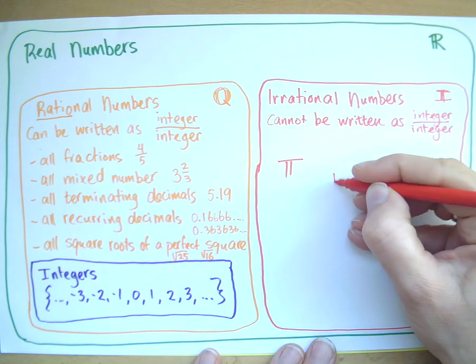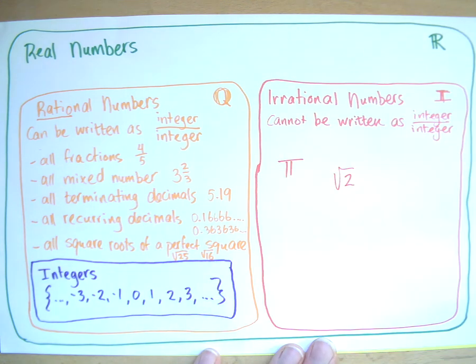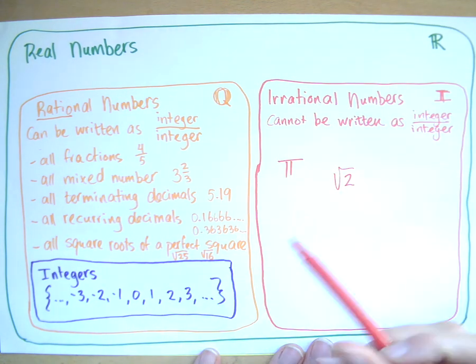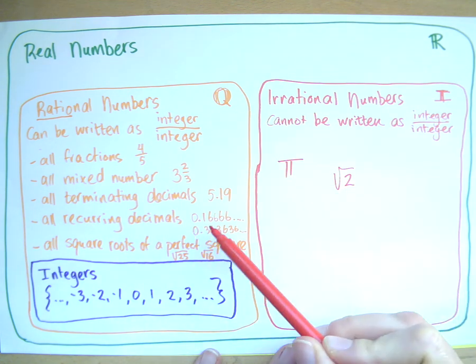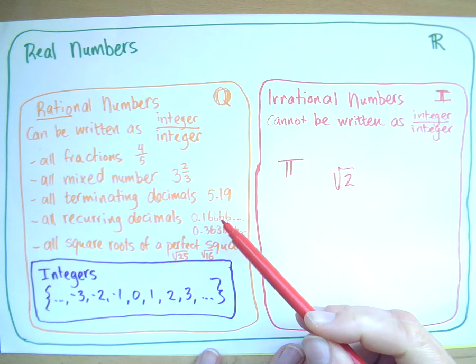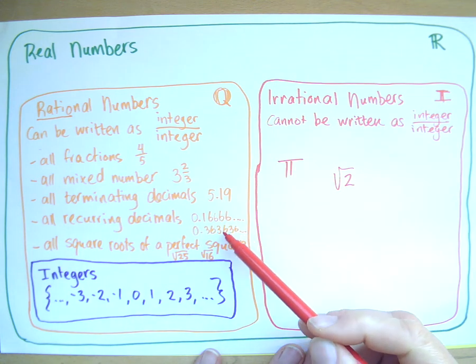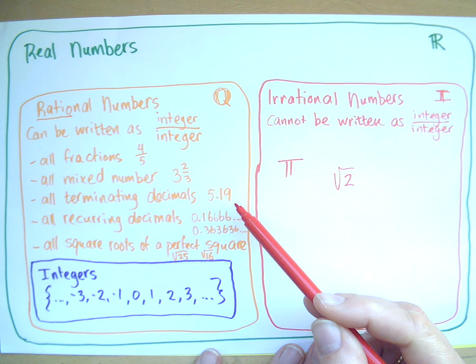Same goes for square root of 2. 2 is not a perfect square, right? Square root of 2 is somewhere between 1 and 2, but it's a decimal and it just moves on and on. There's no repetition in the decimals and it never ends.